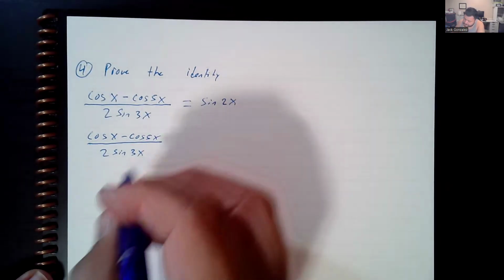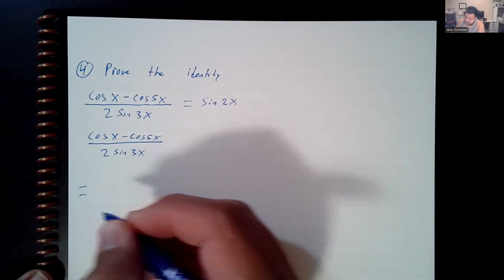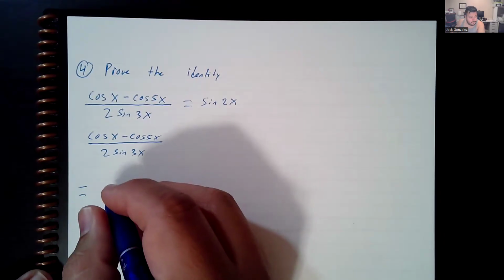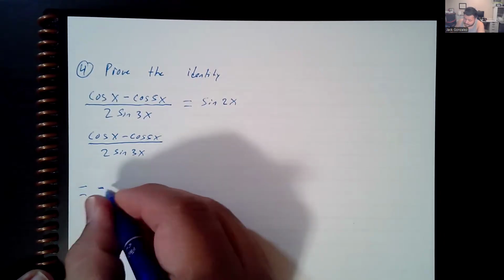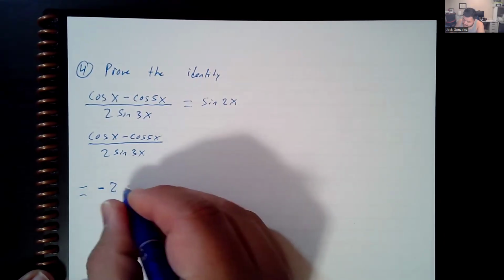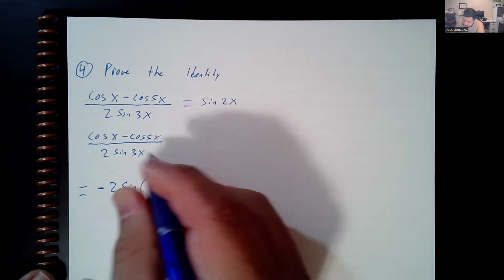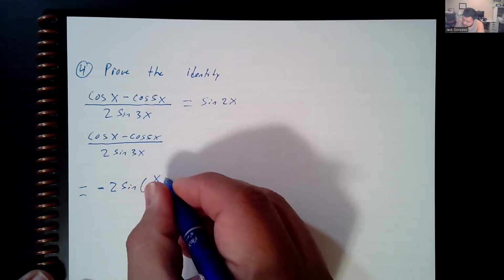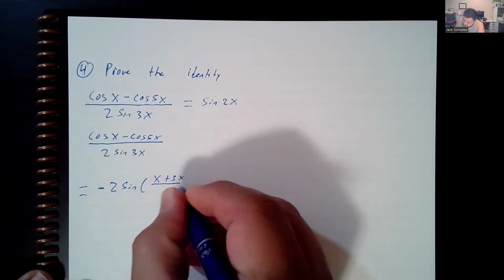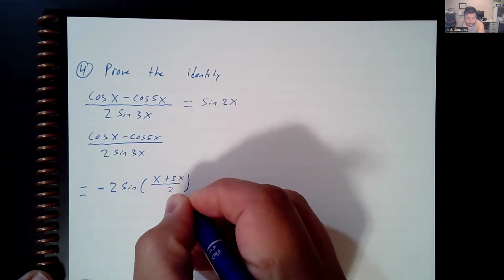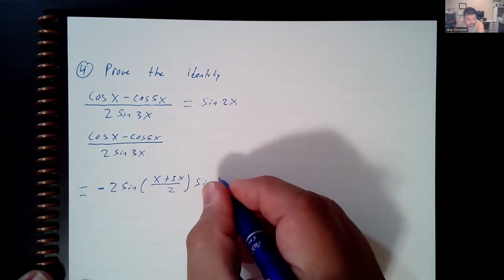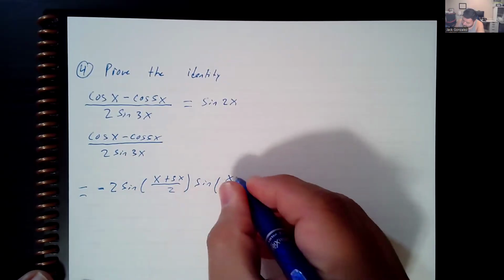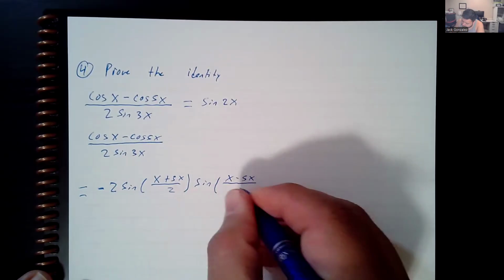So let's see. So we're going to get, I don't have the formula memorized anymore, so it'd be negative 2 sine of x plus y. So x plus 5x divided by 2 times sine of x minus 5x divided by 2.